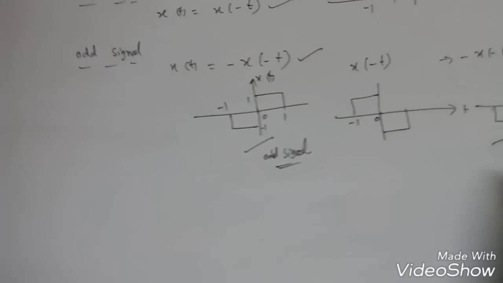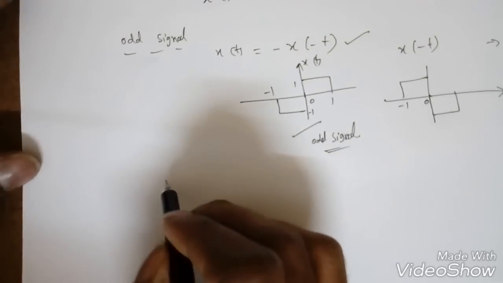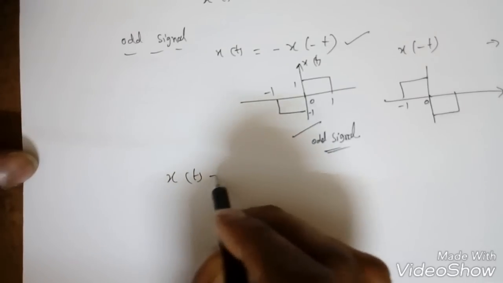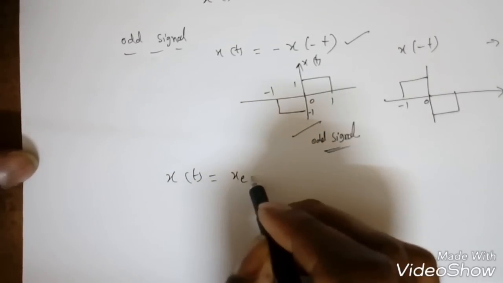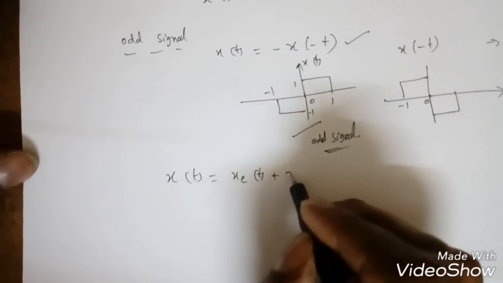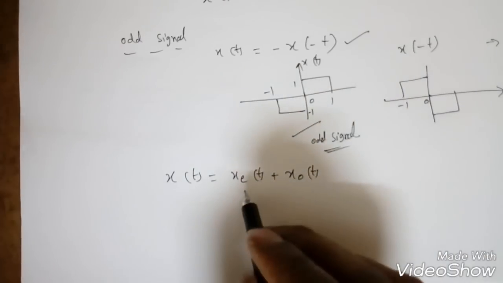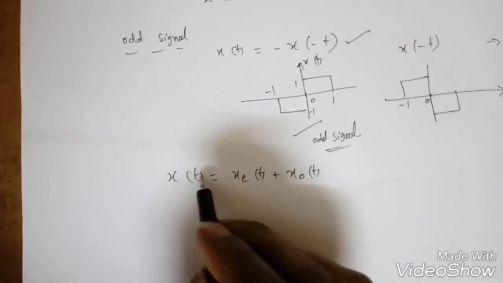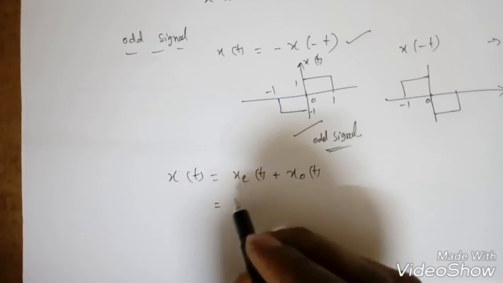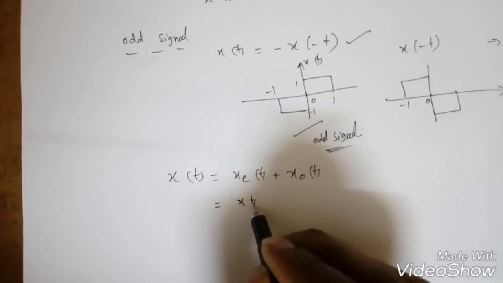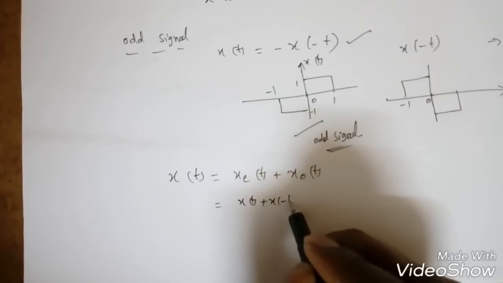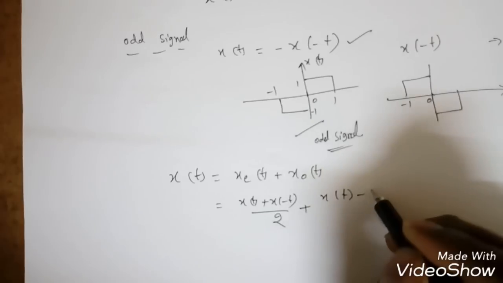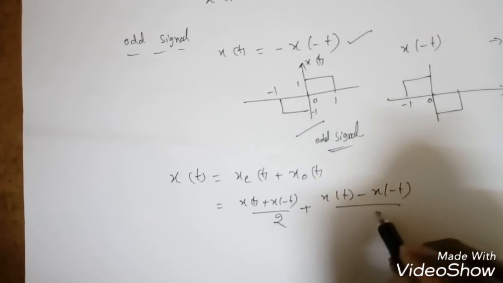Right? Now how to find even and odd? Any x of t can be written as x even of t plus x odd of t. So the summation of the odd signal and the even signal gives the main signal. So x of t can be represented by x of t plus x of minus t by 2, plus x of t minus x of minus t by 2.